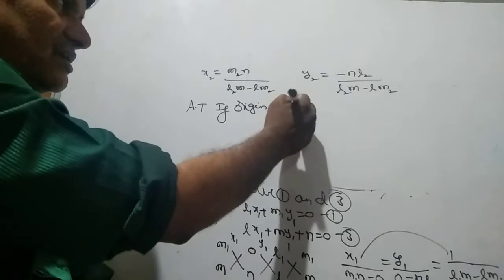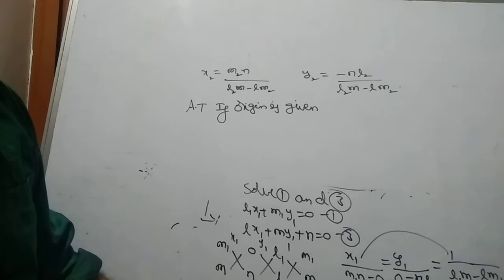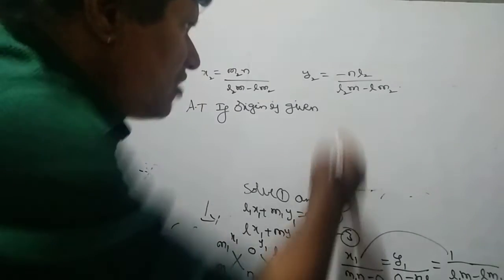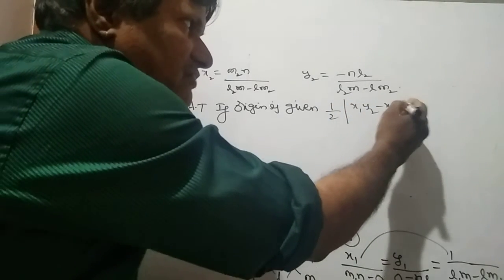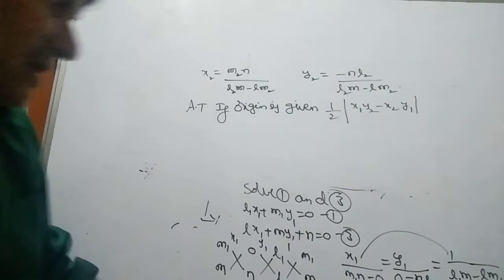If origin is not given, it is half mod of the usual formula. Here, if origin is given, we can find it as half mod x1 y2 minus x2 y1, that is the formula. Half mod x1 y2 minus x2 y1.